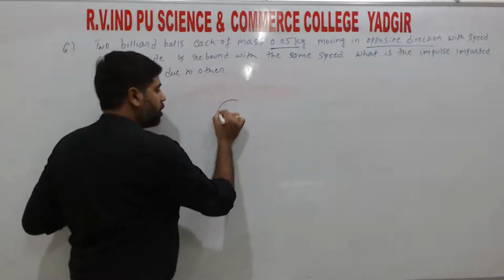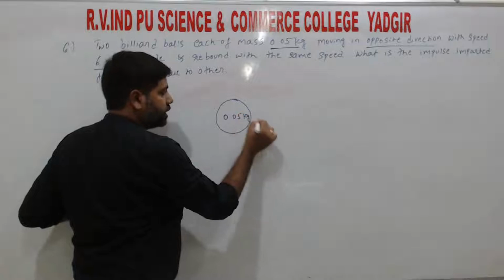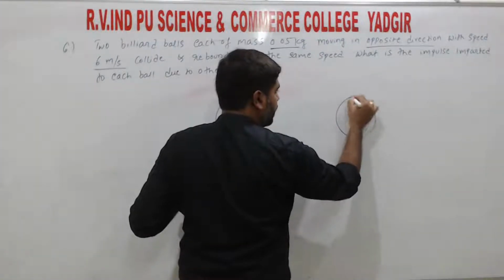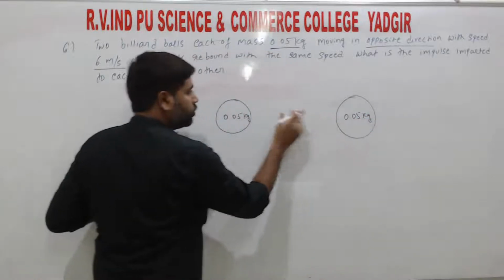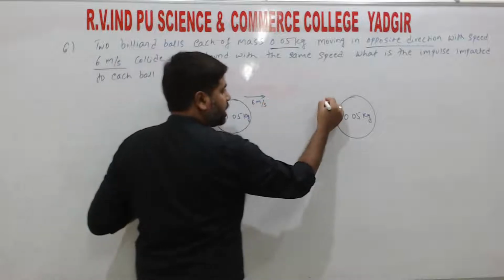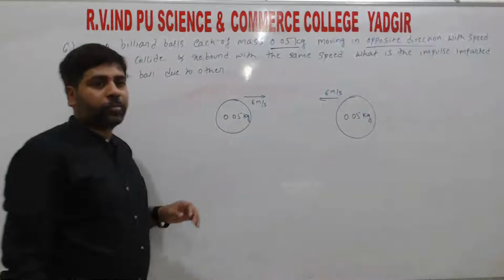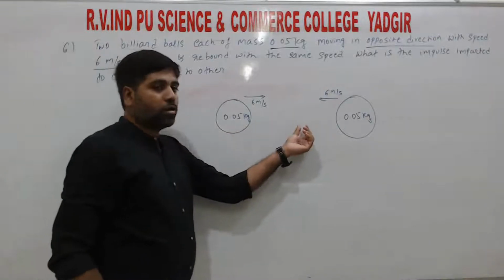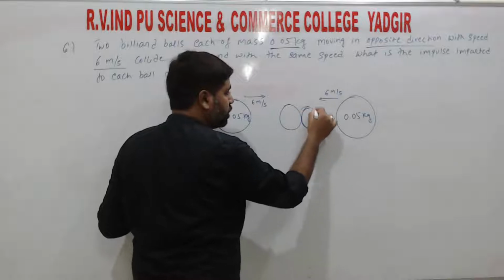Here we have one billiard ball of mass 0.05 kg and here another billiard ball of 0.05 kg. These two are moving in opposite direction with speed 6 meter per second, so these two will collide. This is during the collision.